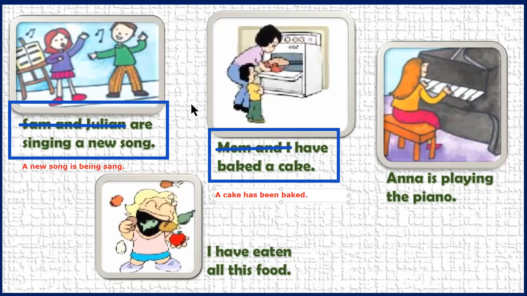Thank you. Now, who wants to continue? Arthur or Vanessa? Okay. Yes, Vanessa, you want to try? Now, I have eaten all this food. Remember, we're going to eliminate the subject. So, what do we say?